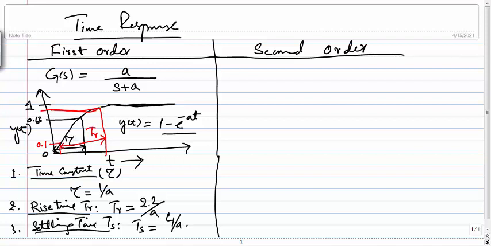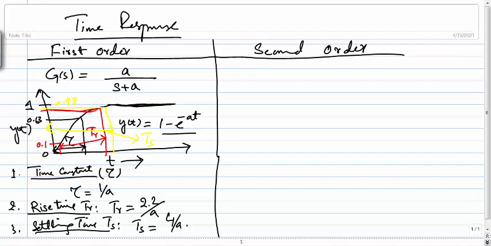So when you reach somewhere here, if this value is around 0.98, this time is known as settling time. So these are the information that we have for first order system. So if a time constant is given to you, you can easily calculate the transfer function of the system.